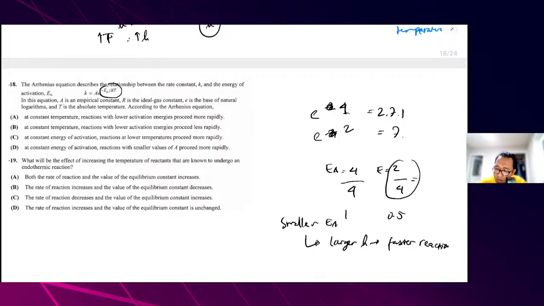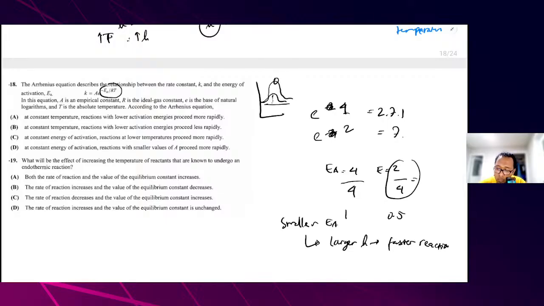If you look at the diagram, with a lower EA the reaction will be faster, rather than if we have a higher one, where it takes time to achieve this part. So the reaction will be faster, which means the rate constant will also be larger.